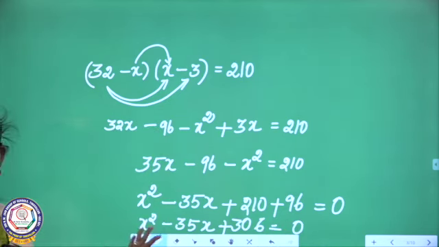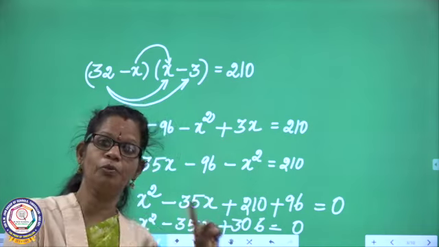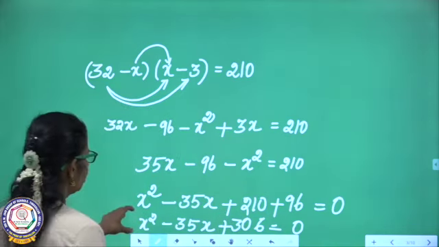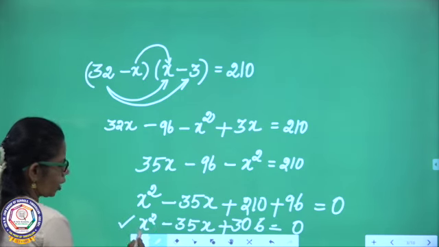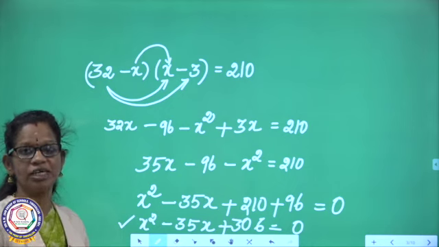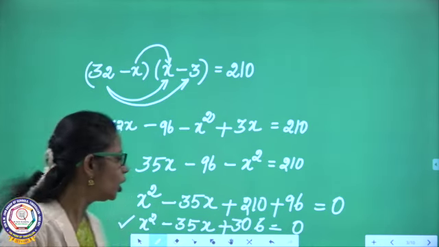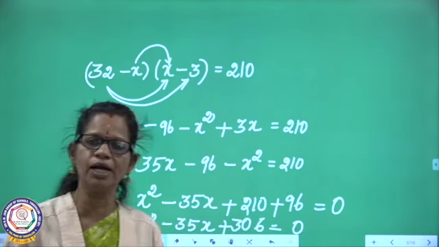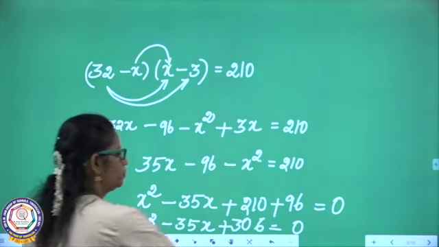At present, what is your quadratic equation? See, look at the beauty of the sum. The total statement you are making into the form of x square minus 35x plus 306. Now we are going to apply the factorization, that is the sum product method, and solve, right?